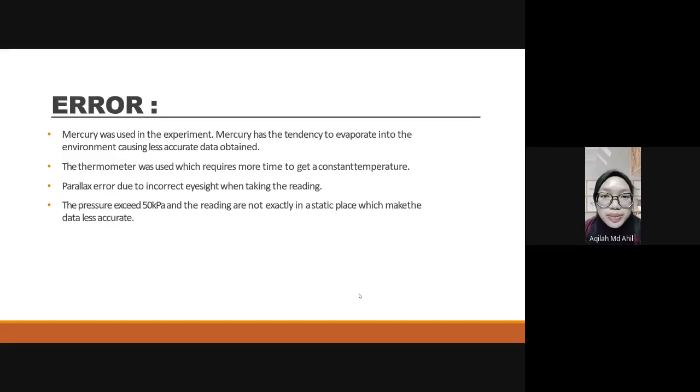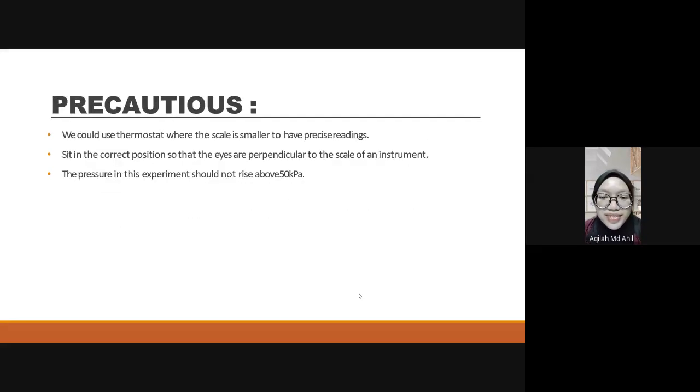For the precaution, we could use a thermostat instead of a thermometer because a thermostat has a smaller scale and it will give us more precise readings. The second precaution is to sit in the correct position so that our eyes are perpendicular to the scale of the instrument.